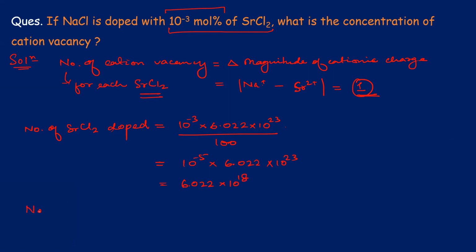So the number of cation vacancy is also equal to 6.022 into 10 to the power 18. Is that right? Please write this down and let me know when you're done. So now you understand impurity somewhat.